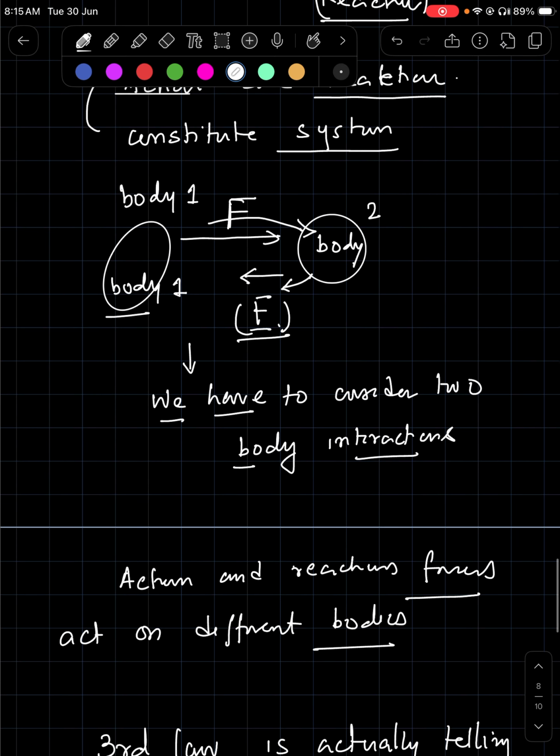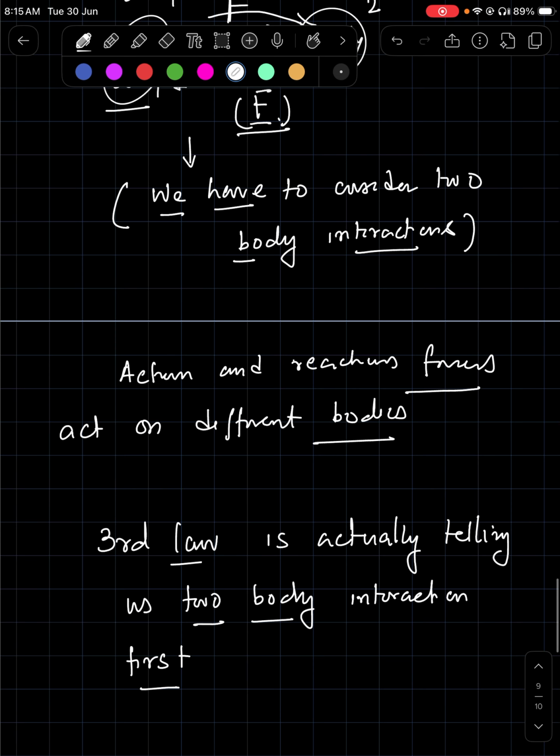It is giving us the notion that whenever we are going to consider the interactions of many particles or a system of particles, we have to pick the two body reaction first. Then again, another two body reaction. Then again, another two body reaction. That goes on to consider all reactions among the particles. But we have to pick the two body reaction first at once, right? So it is given by the third law.